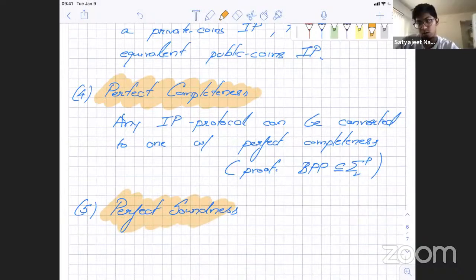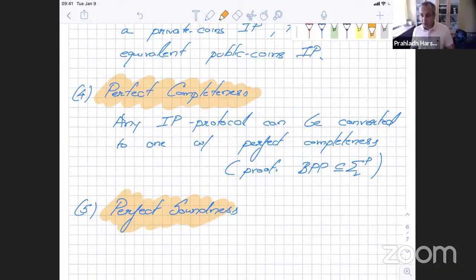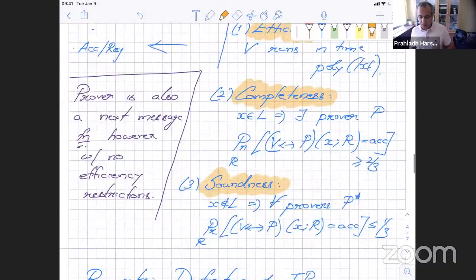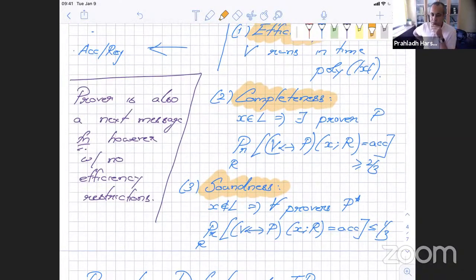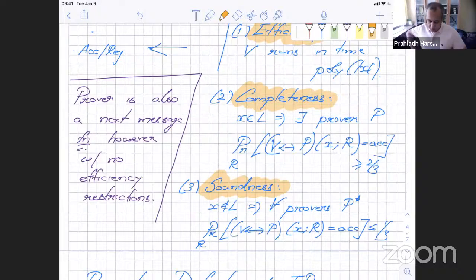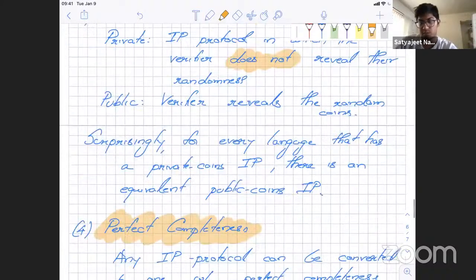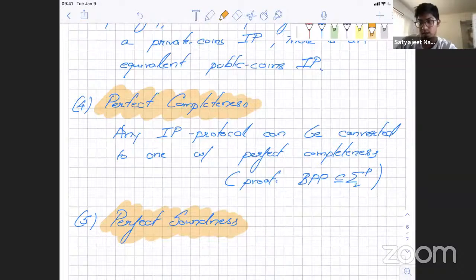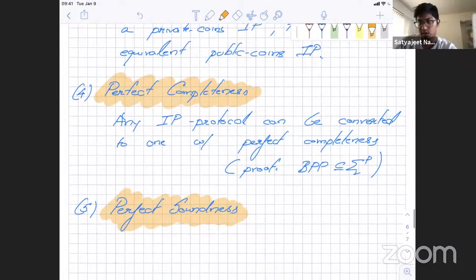Could you just go back to the perfect completeness definition? This one? Okay, so you can drive it down to 0. Can I drive 1/3 down to 0? That's the question over here. After applying both perfect completeness and perfect soundness, can you do both, drive it to 1 on one side and drive this down to 0 on the other side?